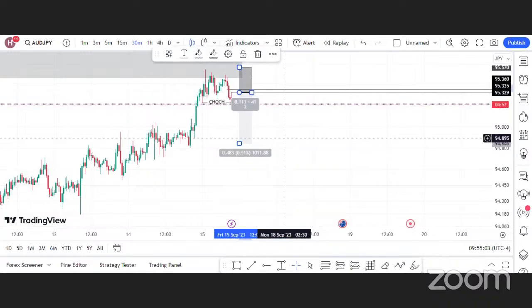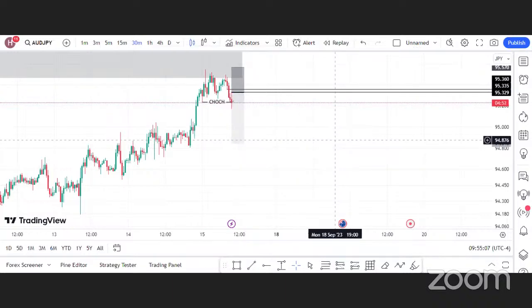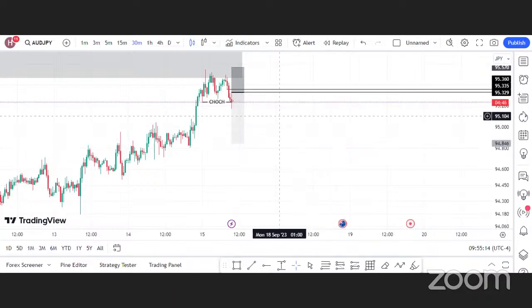So you can keep an eye out for this trade also. If the opportunity provides itself, you can take this and make a little profit.